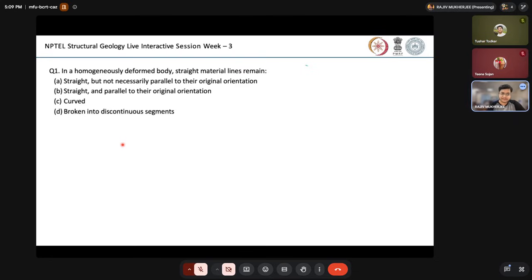option A is a more suitable answer rather than option B, because the logic is, even in homogeneous deformation there can be rotation of linear markers.